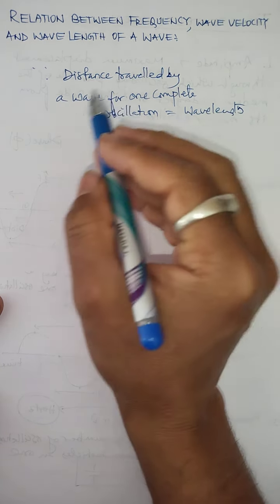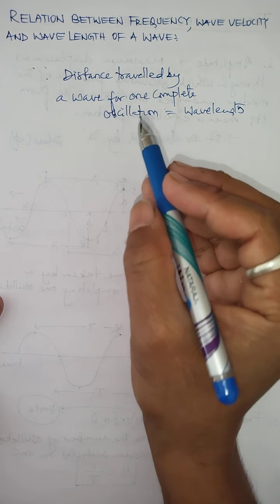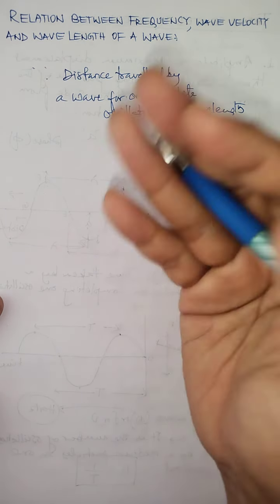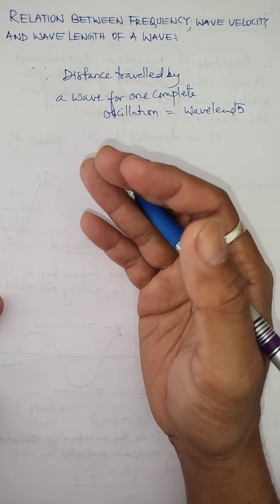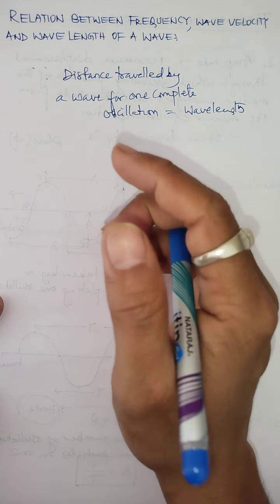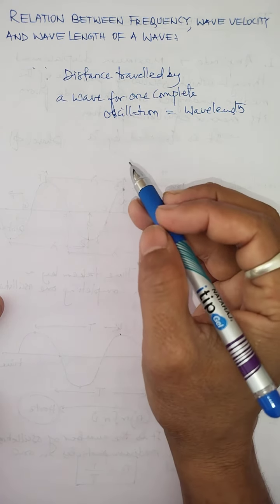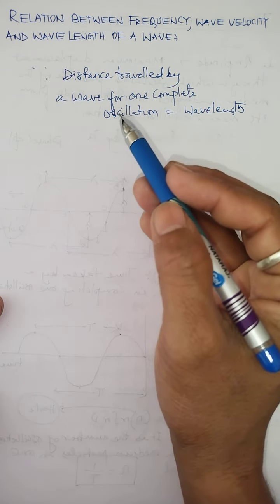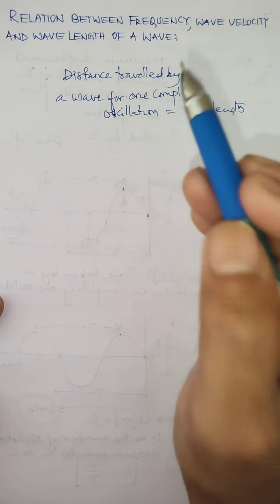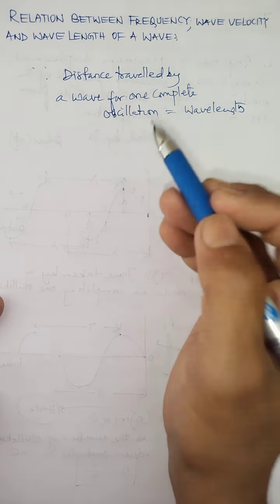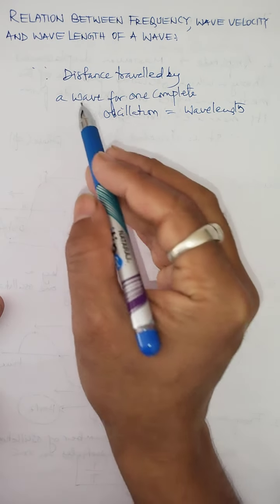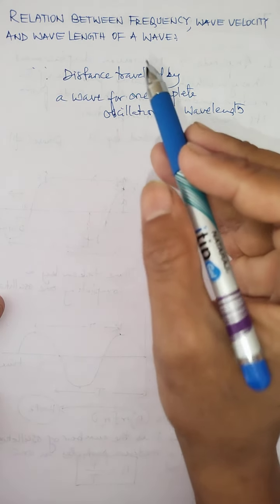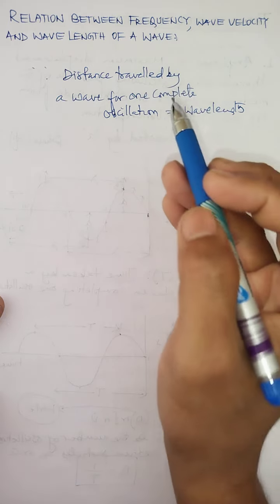But distance traveled by the wave for one complete oscillation means in how many seconds will the one complete oscillation be covered? It equals the time period. So in one complete oscillation, how much time is taken by the wave? That is equal to the time period.